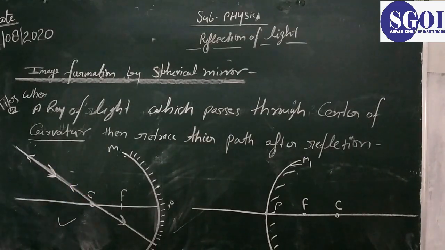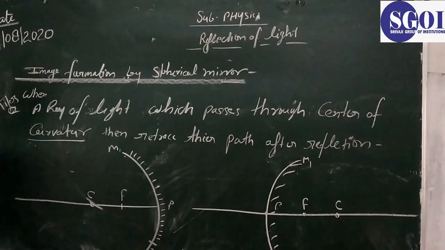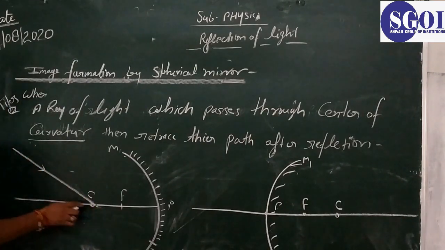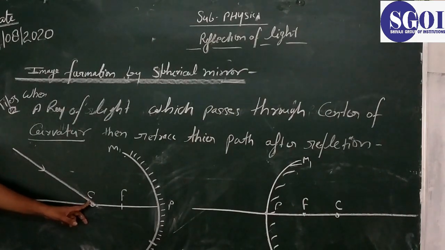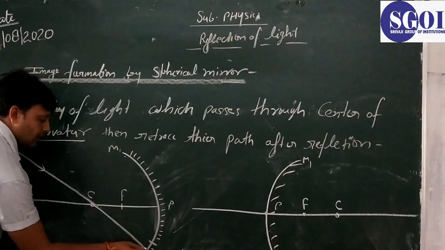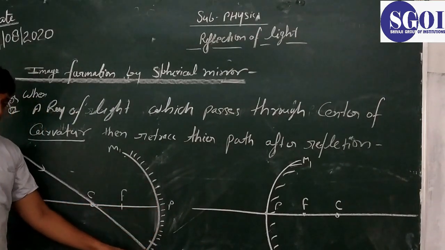I will explain this again. A light ray passes through the center of curvature. After passing, it is incident on the reflecting surface of the mirror.